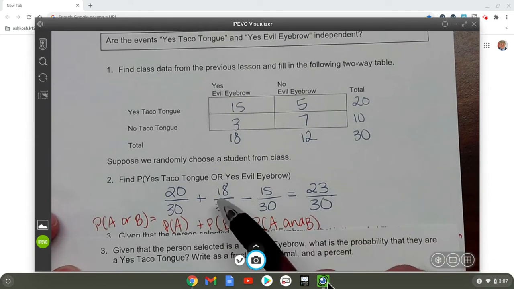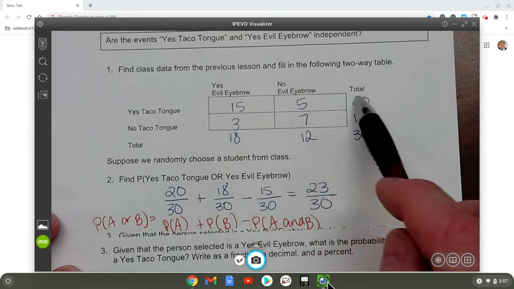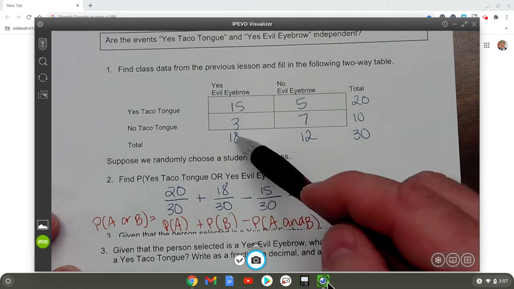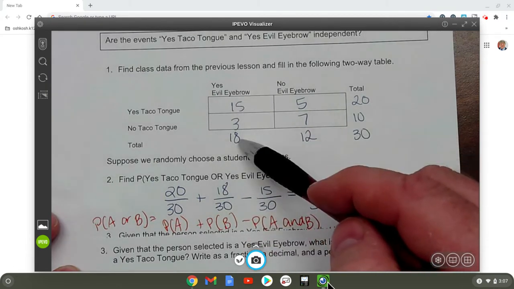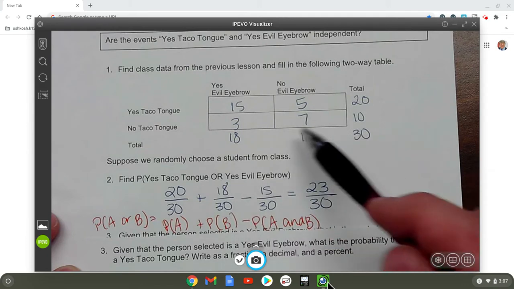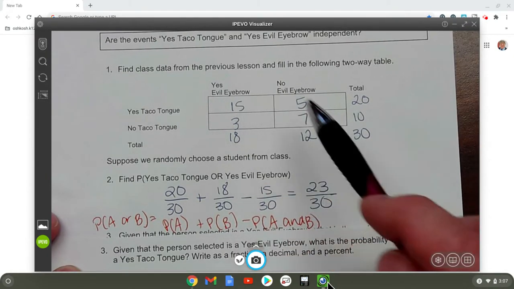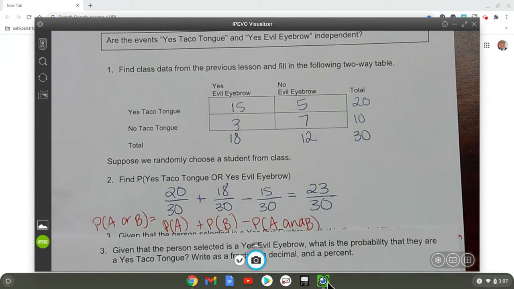So you've got your 20 out of 30, which is your yes for taco tongue. Then you've got your 18 out of 30, which is your yes for evil eyebrow. Then you subtract the yes for both, which was 15 out of 30. And you get 23 out of 30. And that's how you figure it out.